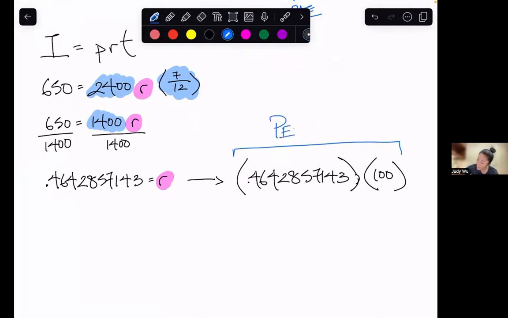After we find the percent, we're going to take one number after the decimal point. Times 100 gives me 46 point, okay? I'm only going to take one number after here, but I'm going to write out 2 to show you how to round your number if you need to. So it says 46.42.